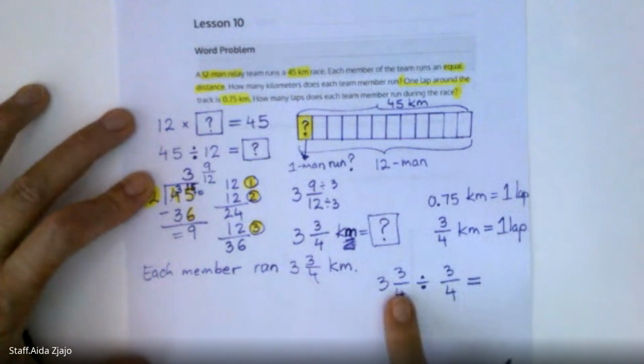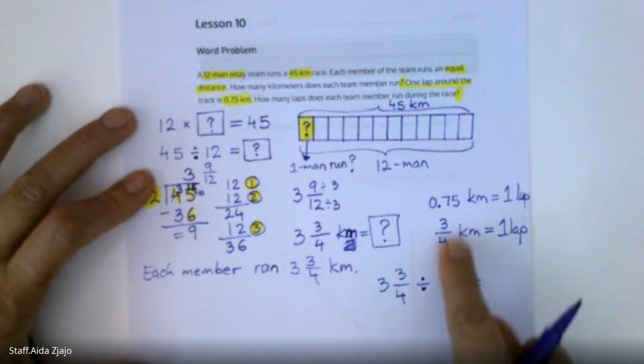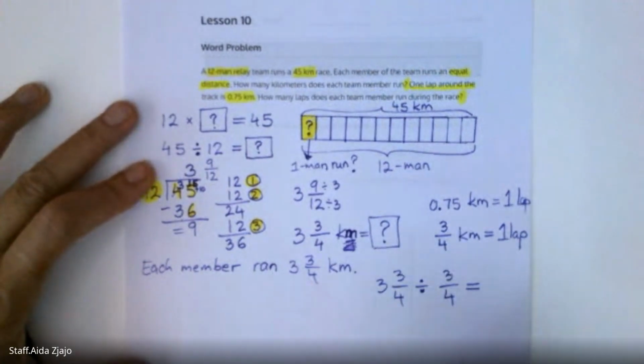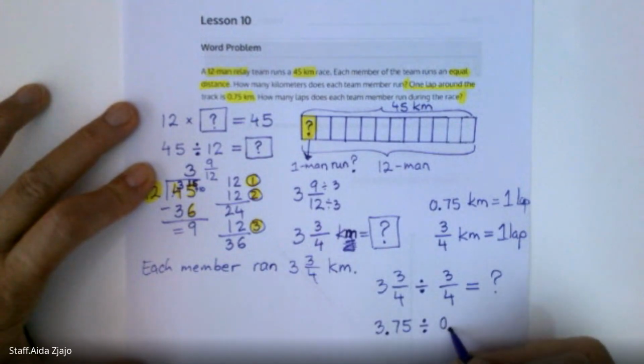Or if we change this into decimal and this into decimal, then the same problem could be solved, since 3/4 is 0.75, as 3.75 divided into groups of 0.75.